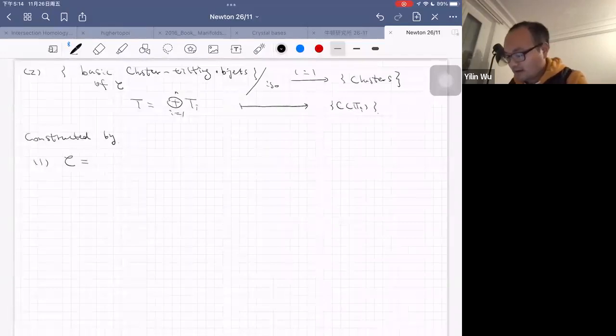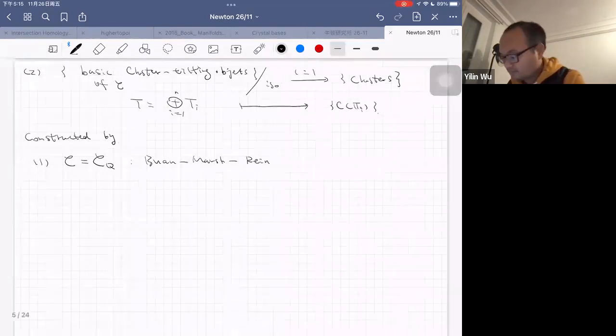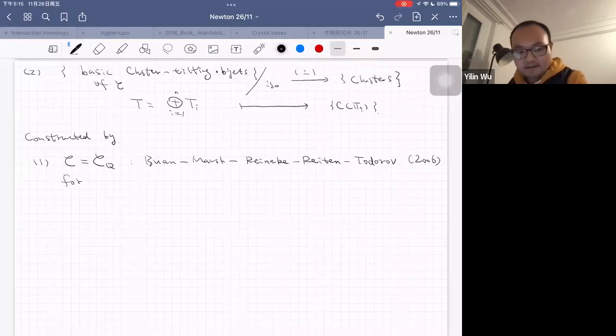If the cluster algebra comes from an acyclic quiver, then this category is constructed by Buan-Marsh-Reineke-Reiten-Todorov in 2006, for acyclic quivers.